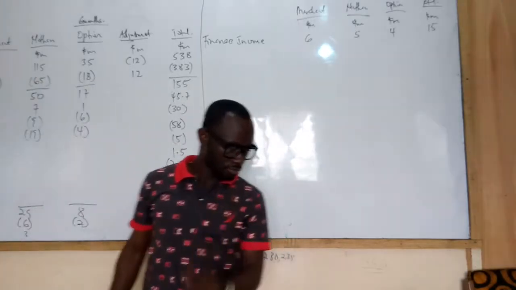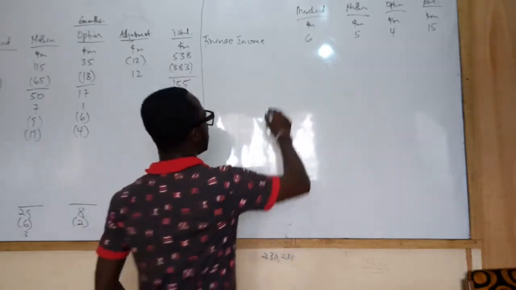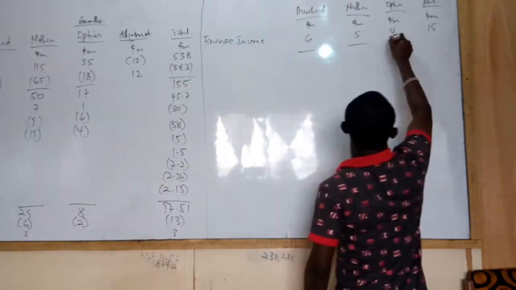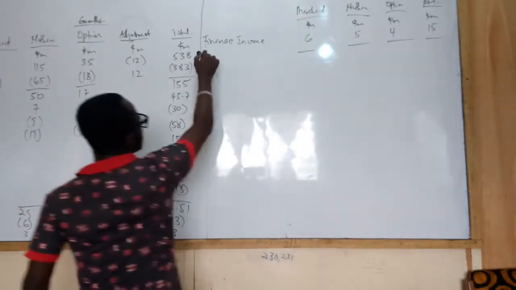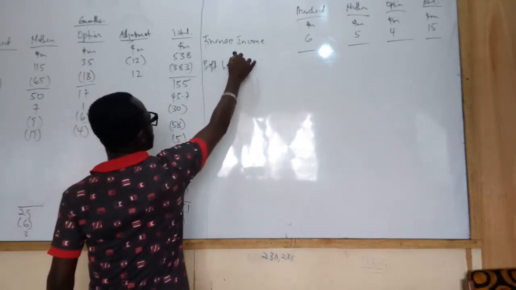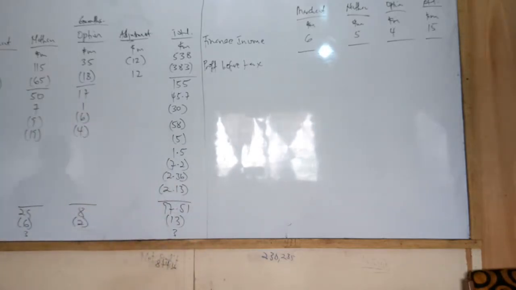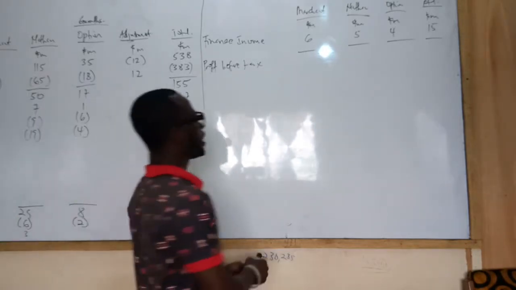What is next? After that, we are supposed to get profit before tax. So can I have arithmetic? 61.51 for Merchant.